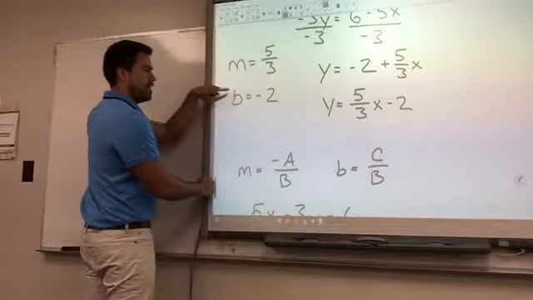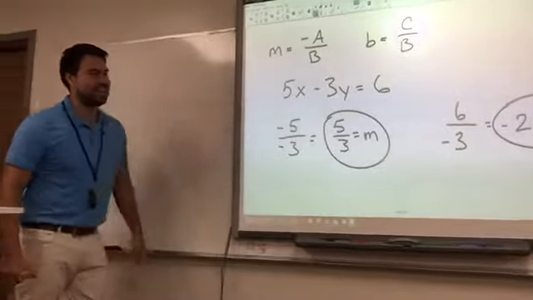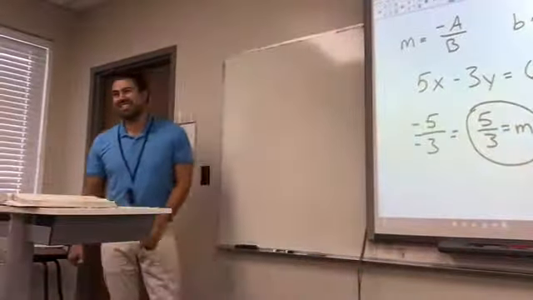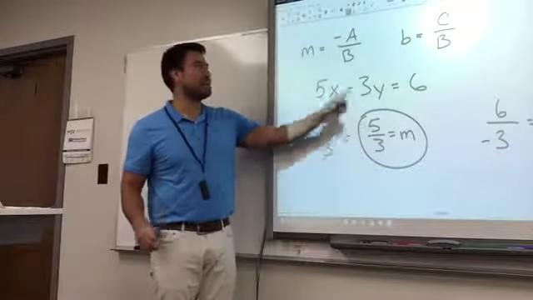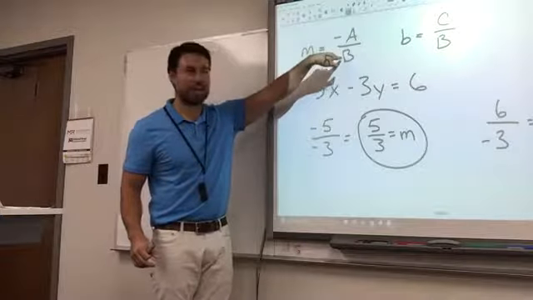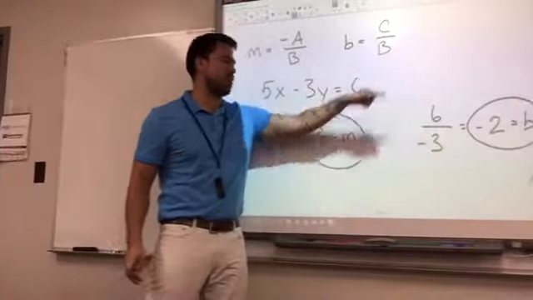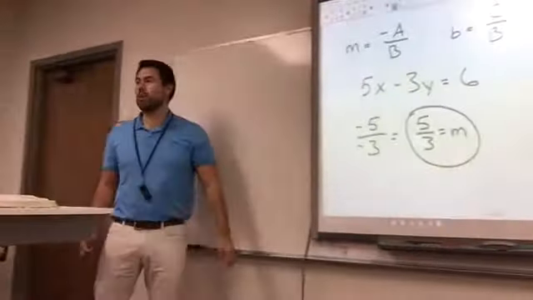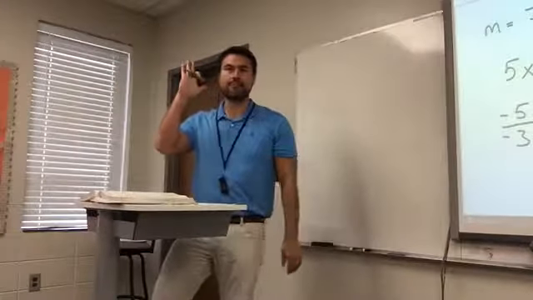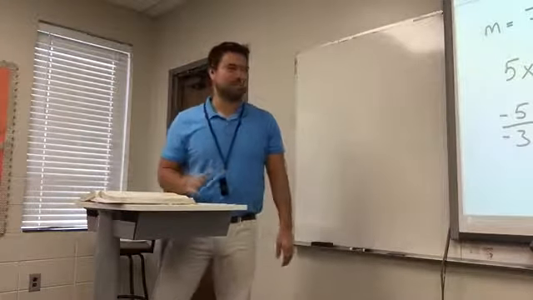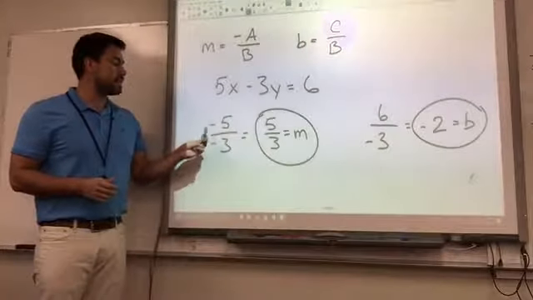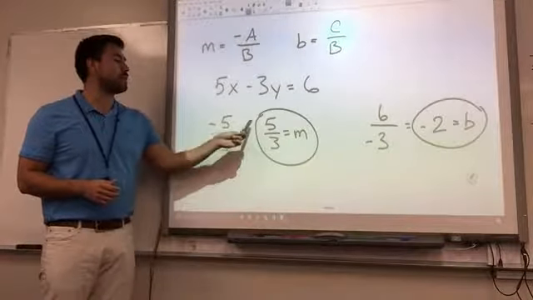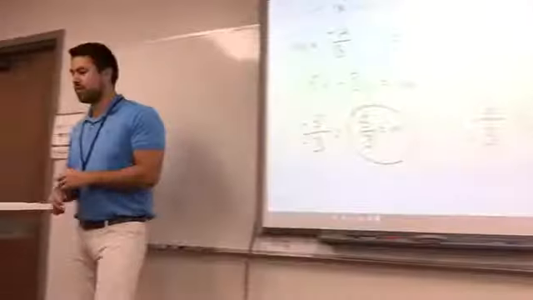Look at that. Same thing. What is required to be able to do it the easier way is you got to memorize it's -a over b and c over b. And then you can find the slope and y-intercept like that. You guys see it? This one? -5 divided by -3 is going to be positive 5/3.